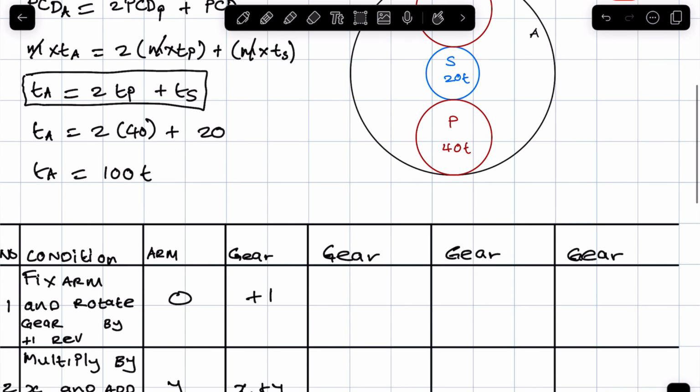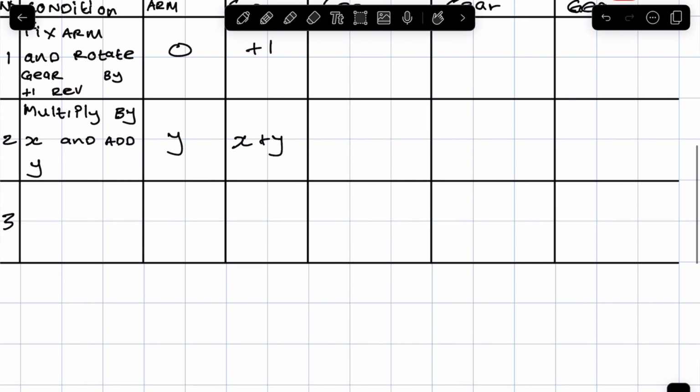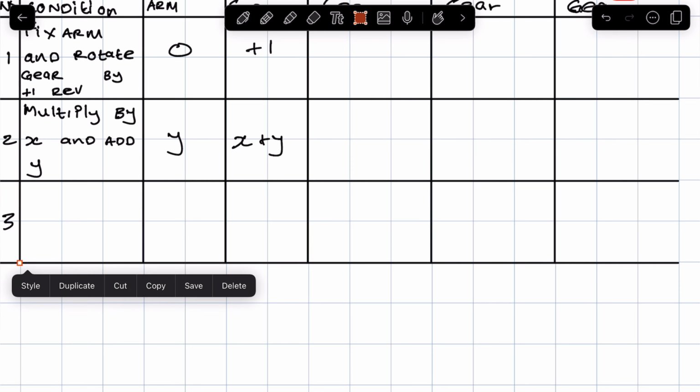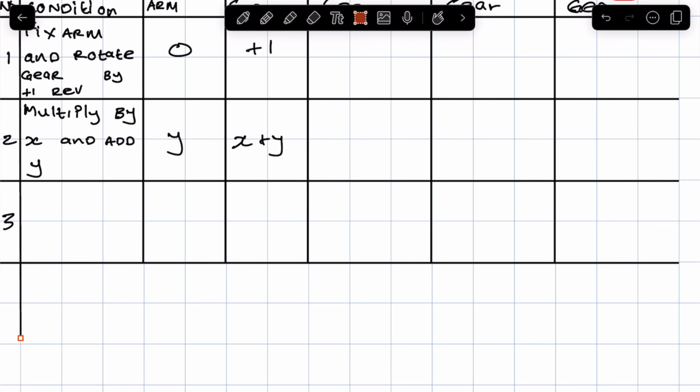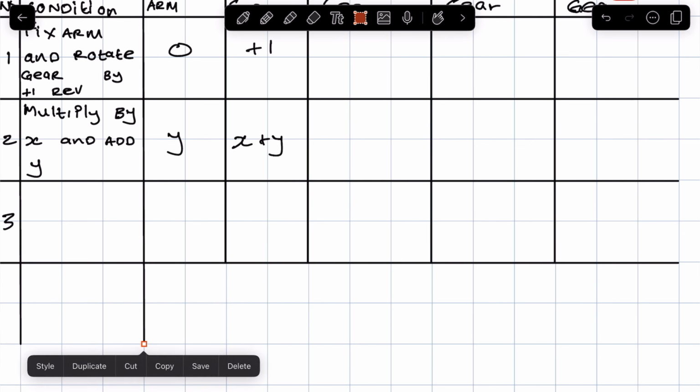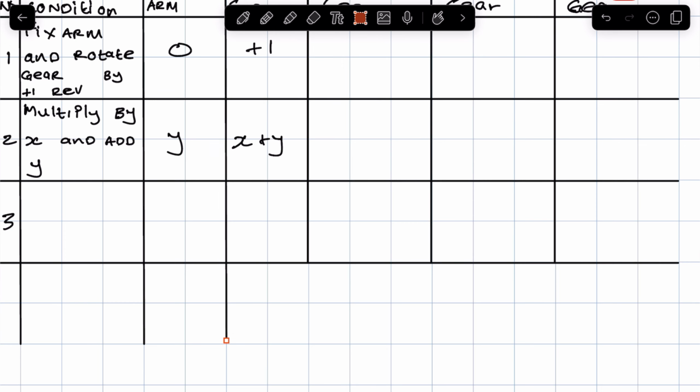The reason it is important to check that before drawing up or filling your table is so that you make sure that your table is enough for 4 conditions. So we're going to extend our table so that it suits 4 conditions.